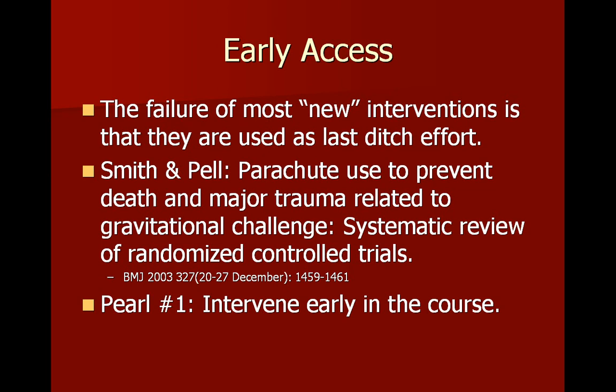They looked to see if people using parachutes had less damage from gravitational impact than folks who did not use a parachute. Amazingly, they found that there were no randomized controlled trials proving parachutes work.